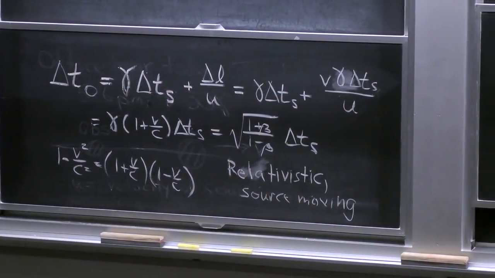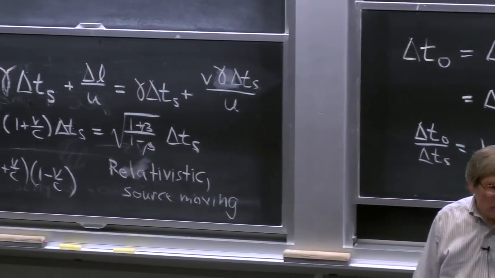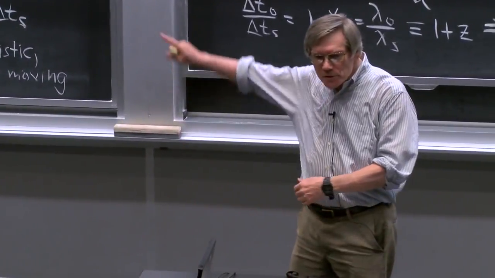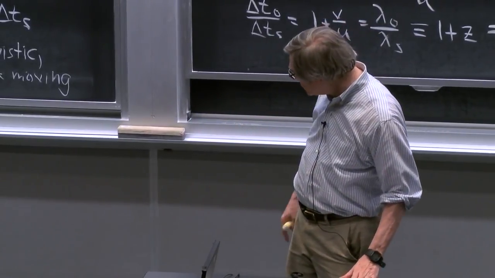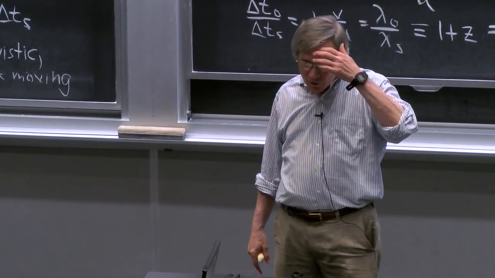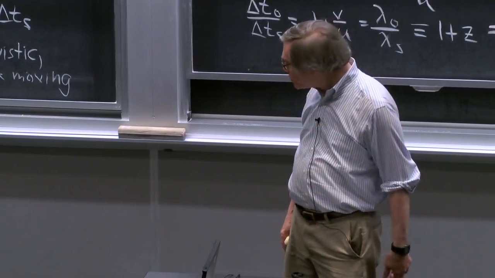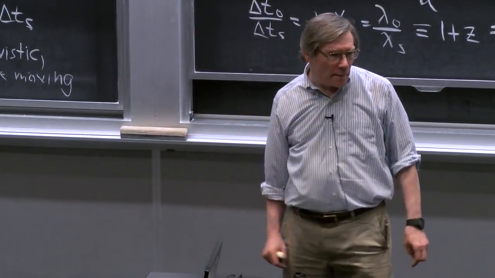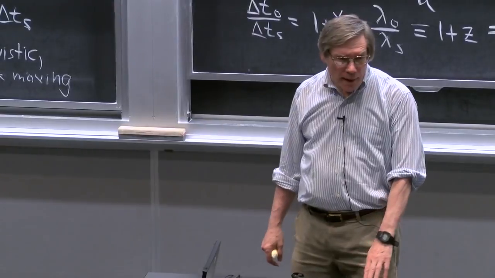Now we expect that the answer won't depend on whether the source is moving or not, but certainly the calculations do. So this is what we got from the calculation, in which we assumed that it was the source that was moving and the observer was stationary. Okay, and it's just corrected from the previous answer by this factor of gamma. Okay, any questions about that?